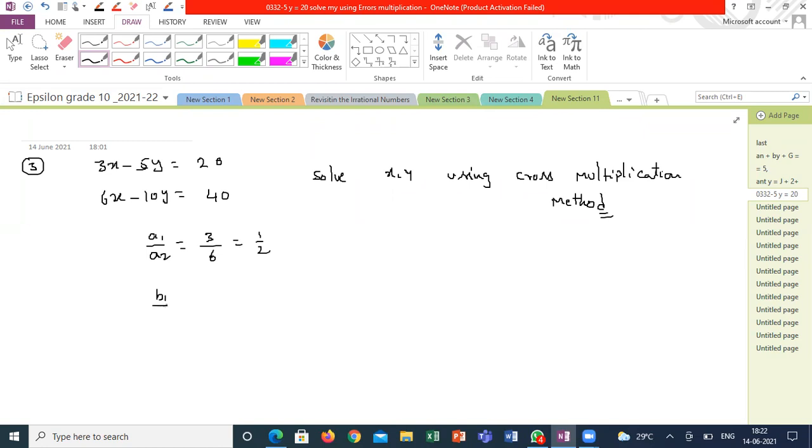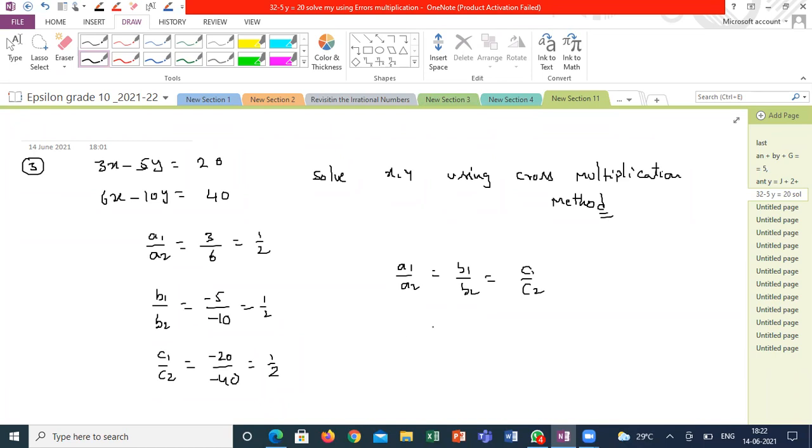What is B1 by B2? Minus 5 by minus 10, that is also 1 by 2. What is C1 by C2? Minus 20 by minus 40, that is 1 by 2. So here A1 by A2 is equal to B1 by B2 is equal to C1 by C2.